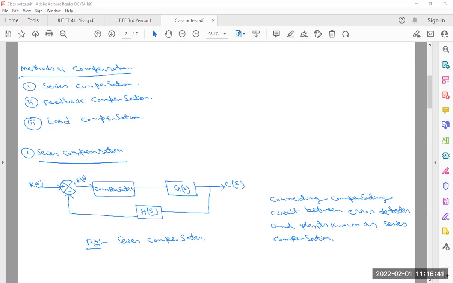That means the feedback factor equals 1. So this is basically the block diagram of the series compensated circuit, connecting the compensating circuit between the error detector, that is E(s), and the plant. It is known as the compensation circuit.